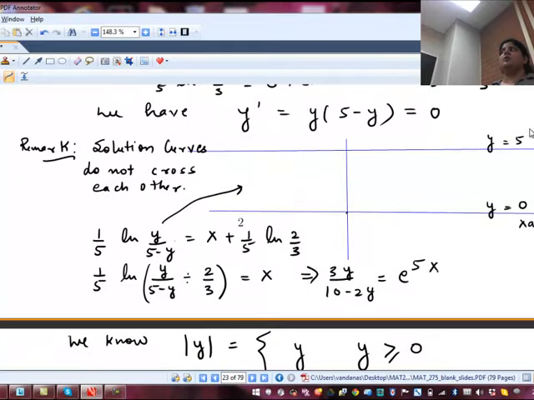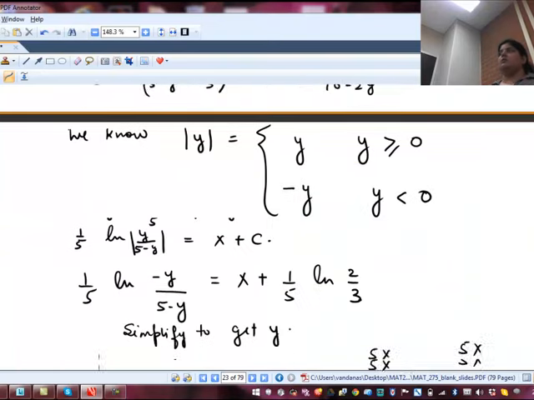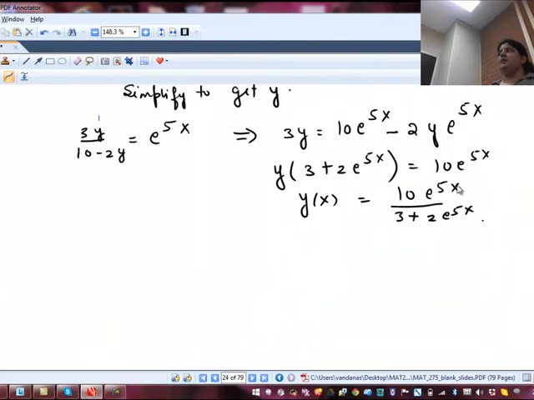Because it will not cross it. But how is it going to be trapped inside? What will happen when x approaches infinity? So what is the limit as x approaches infinity in this expression?